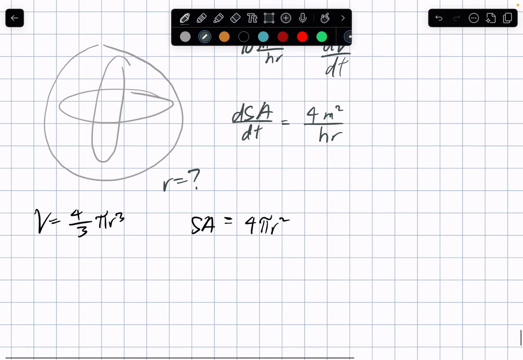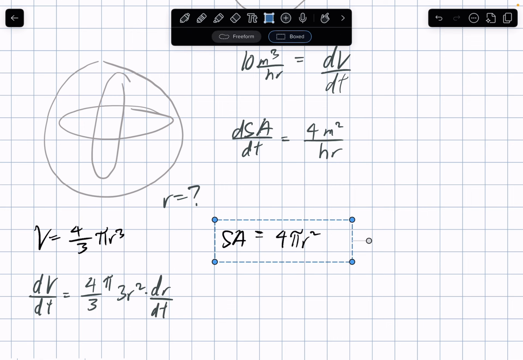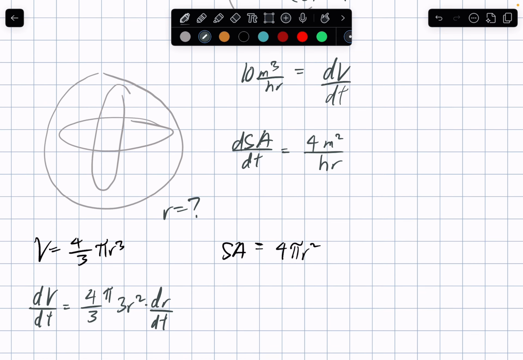Now, let's derive. dV over dt is equal to 4 over 3 pi times 3r squared times dr over dt. So we don't know what dr over dt is. Let's try to find the derivative first of surface area.